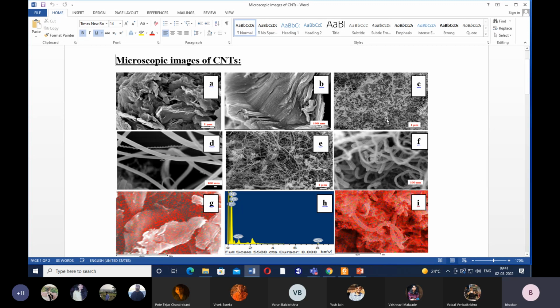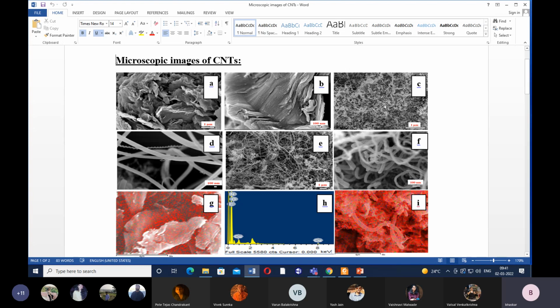That is why I chose the temperature to be 350 degrees Celsius. Since I work in this field, I know that these are carbon nanotubes. But for you, it would be very hard to understand whether they are carbon nanotubes or some other morphology this material is having.